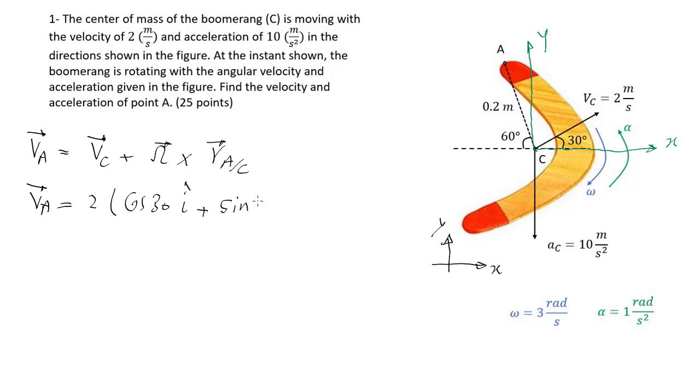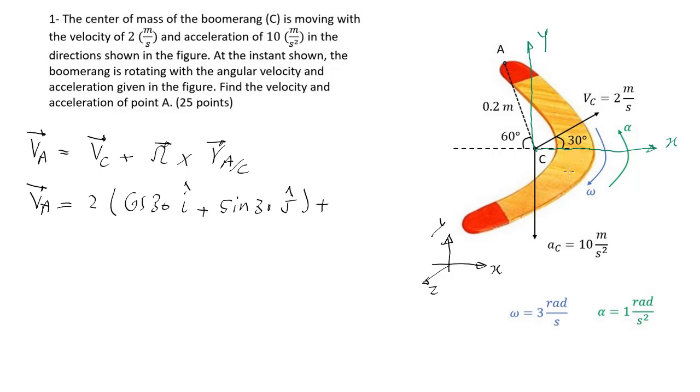Plus omega cross RA with respect to C. If this is x and this is y, this is going to be our z direction, out of plane. Omega is in the minus direction because it is clockwise. We can also use the right-hand rule.